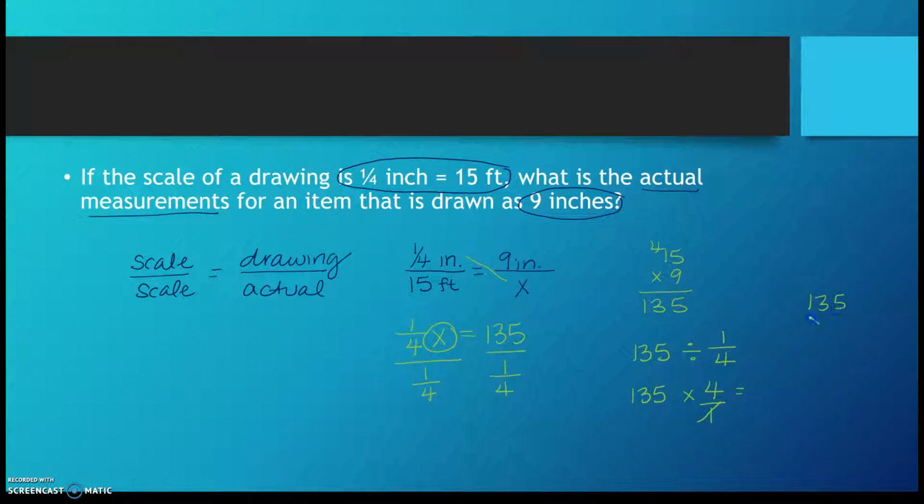So 135 by 4. Or you could divide by 0.25. It's your choice. 5 times 4 is 20. 12, 13, 14, 4, 5. So x equals 540. And it's actual, so it's going to be feet.